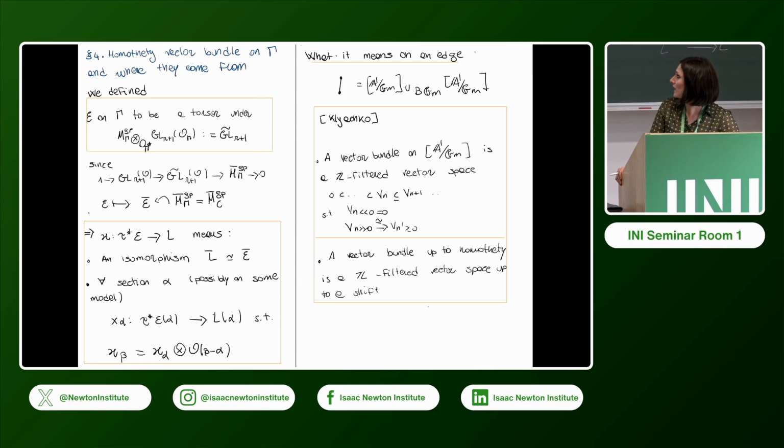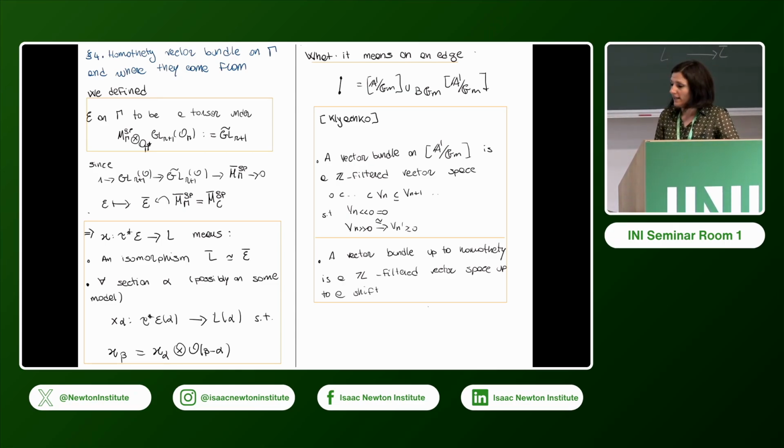We know from Klyachko that a vector bundle on A^1 mod G_m, which just means an equivariant vector bundle on A^1, is simply a Z-filtered vector space, such that this vector space becomes 0 for very negative n, and becomes an isomorphism for very positive n, so it's exhaustive.